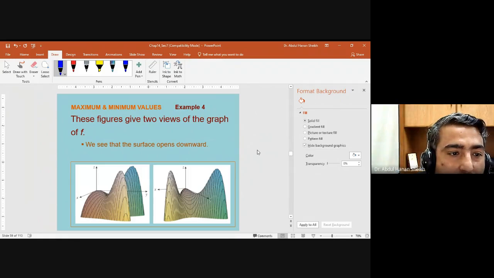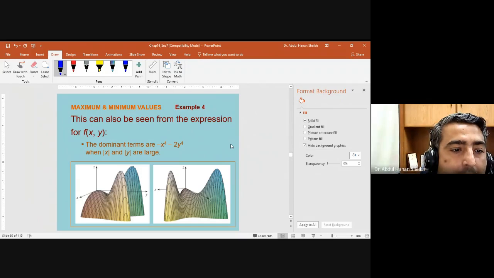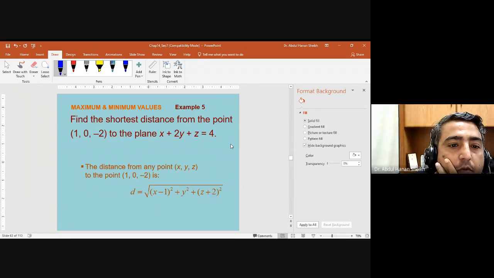Okay, so 8.5 is the result. This was the function. We had two local maximum points, this one and this one, and this was perhaps a saddle point. Okay, so example 4, and there is another example, number 5.